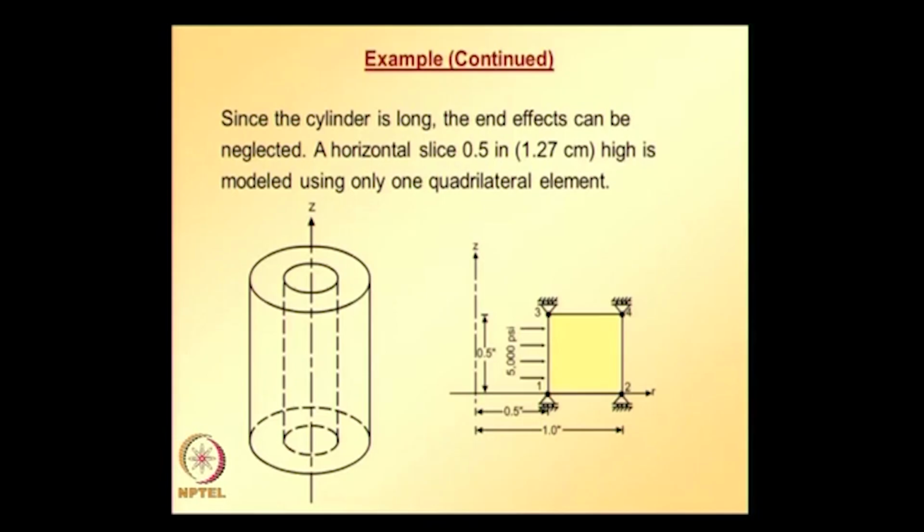Please note that for the node numbering shown in the figure on the right hand side, local node 1 is the same as global node 1, local node 2 is the same as global node 2, local node 3 is global node 4, and local node 4 is global node 3. We need to keep that in mind when we are assembling the equations. Moving in the counterclockwise direction, element nodes are 1, 2, 4, 3.